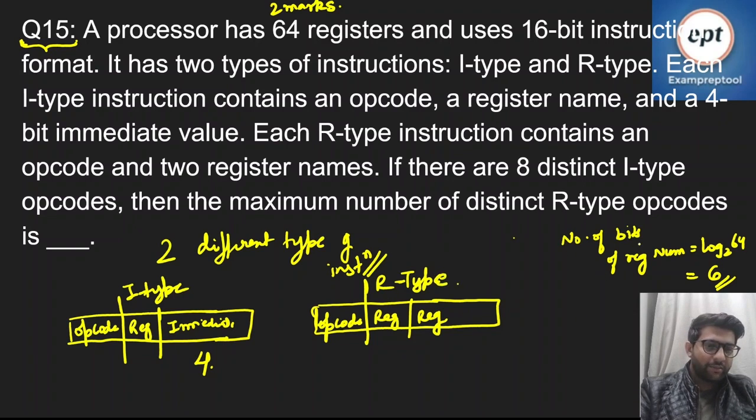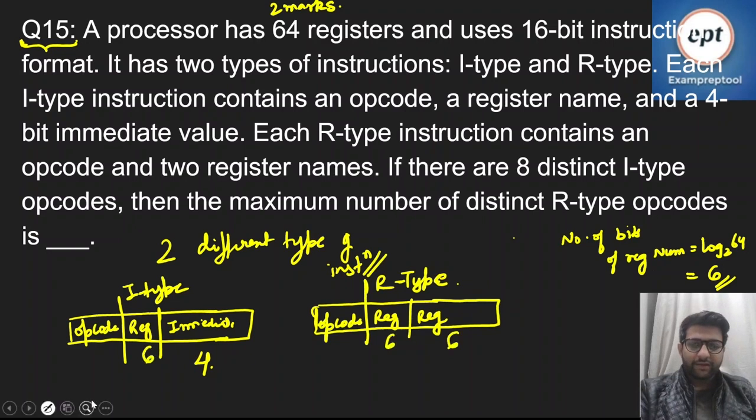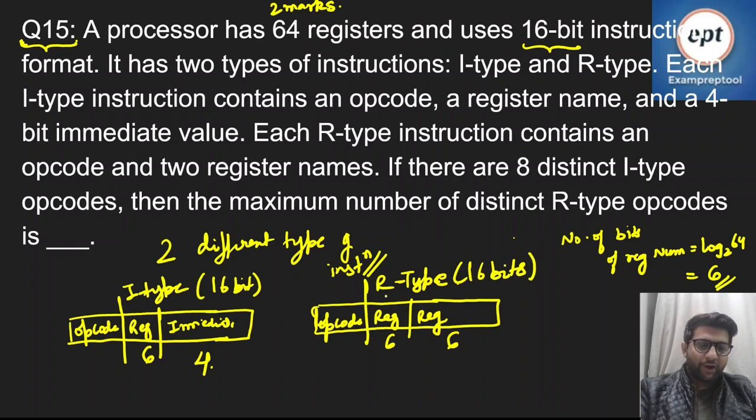We have already calculated the number of bits for register number. Register name is 6. So 6 here, and 6 here, right? Now the instruction length was given as 16 bits. So this was also 16 bits, and this was also 16 bits. So the size of the opcode for R type instructions will be 16 minus 12, which is 4.